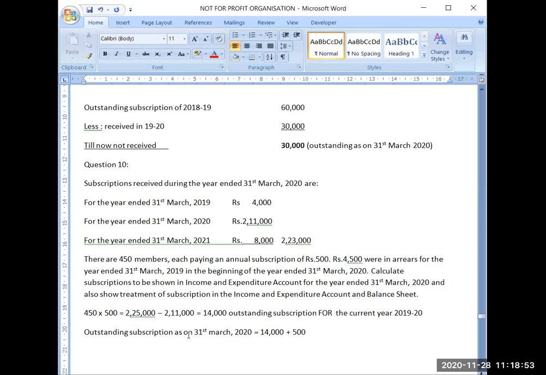I have used the word as on. I have not used the word for. Subscription outstanding as on 31st March 2020 will be this year outstanding subscription plus last year outstanding subscription. Because last year amount outstanding was 4,500 and we have received only 4,000. So 500 will be outstanding from that also.